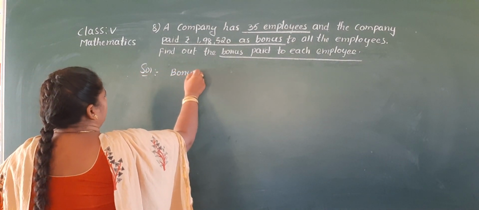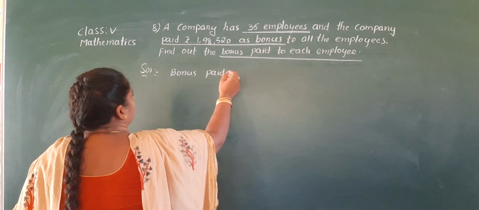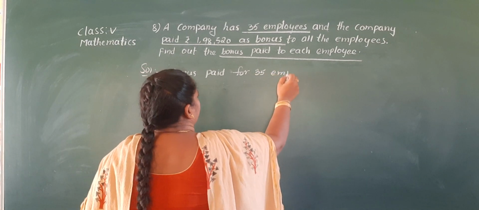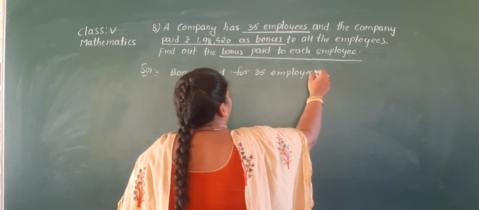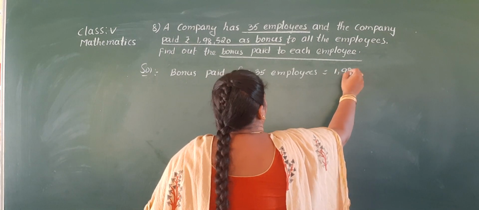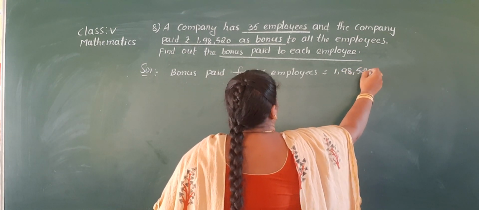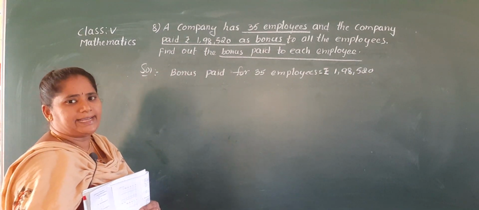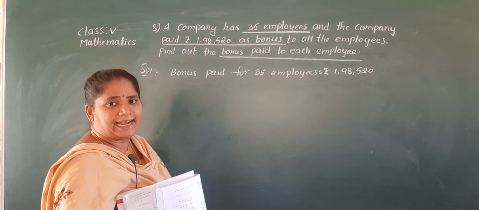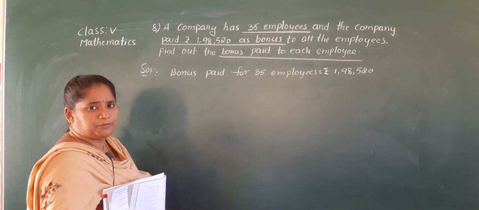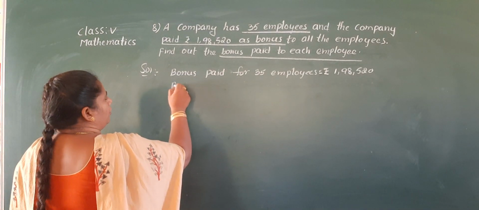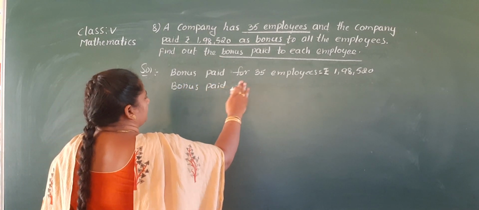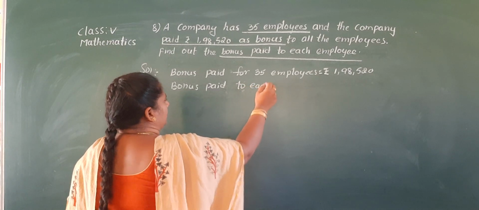Bonus paid for 35 employees is equal to 1,98,520 rupees. Now we have to find the bonus paid to each person.